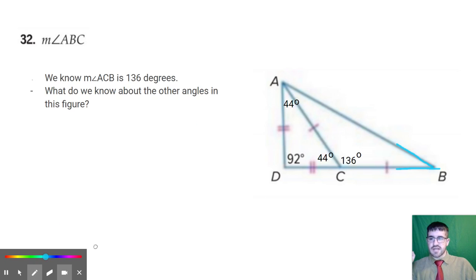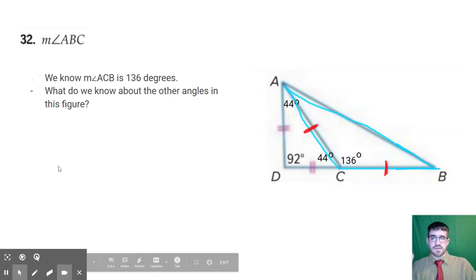I guess I'll just highlight the whole thing in blue. Look at triangle ACB here. And what you'll notice is you have tick marks along segment CB and segment AC. And we have tick marks showing that segments and sides are congruent.